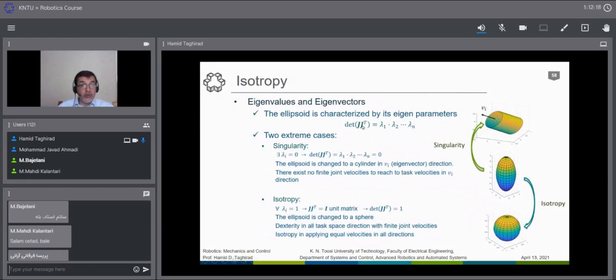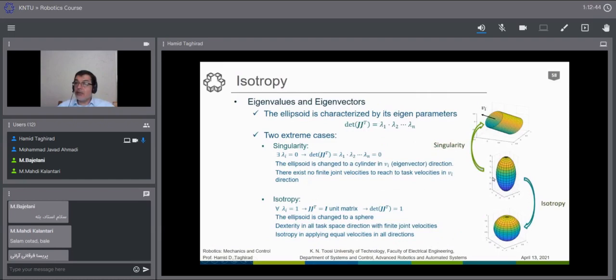If this is 0, extreme case, if one of the eigenvalues is 0, we have singularity, we are dead. We cannot move there. The velocity becomes very small. If there exists a lambda equal to 0 for JJ transpose, we have a singular case.